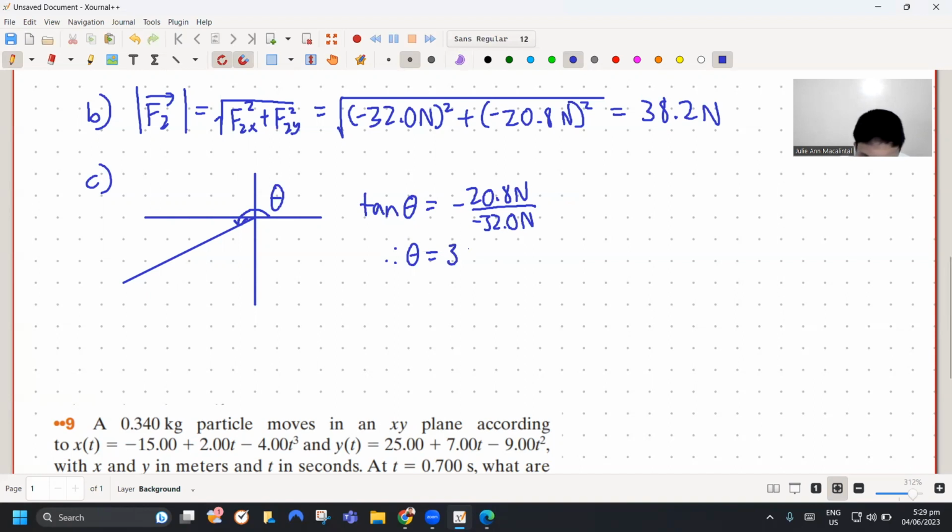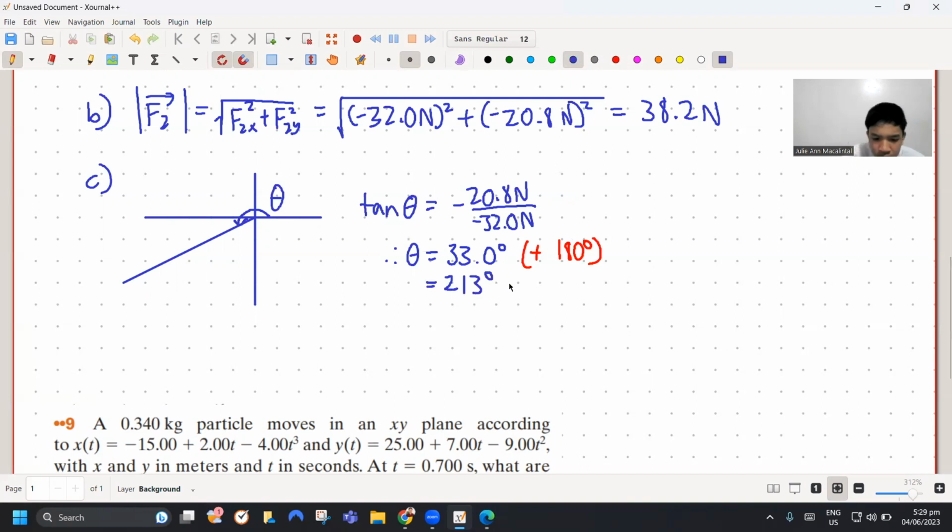Tangent inverse of 20.8 divided by 32. And then, makukuha natin ay 33.